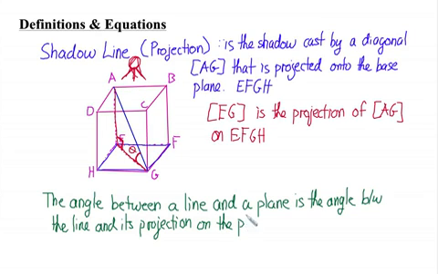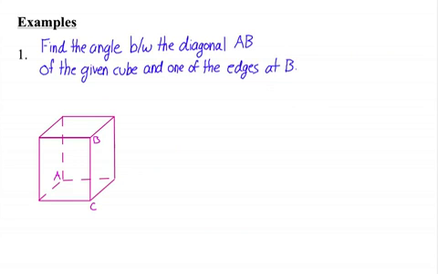So if I can find the angle between a line and its projection, I automatically know the angle between the line and the base plane. Hopefully this will become more clear as we work through a couple of examples.